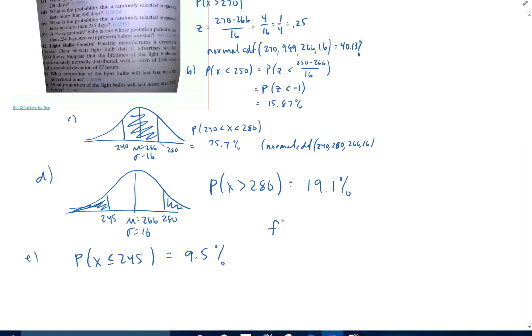F. A very preterm baby is one whose gestation period is less than 224. So our preterm baby is very unusual. So mu is 266, sigma is 16, 224. So we're looking for probability that x is less than 224.